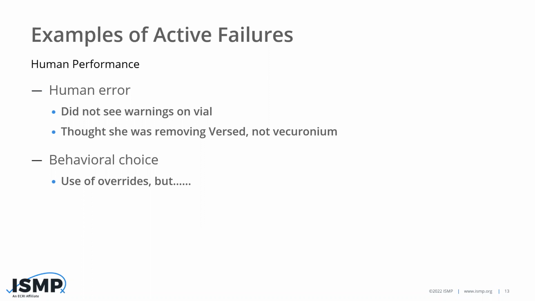Therefore, anyone knows they can remove a drug on override, and therefore they make that behavioral choice to use the override. So this is a classic example we'll come back to later, where organizations almost encourage poor behavioral choices. Next slide, please.